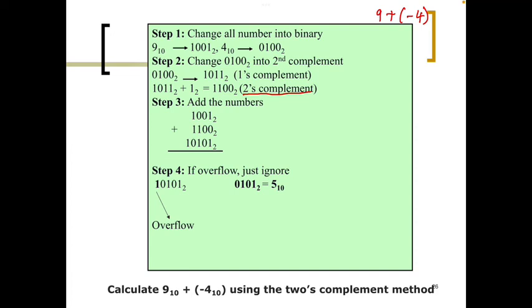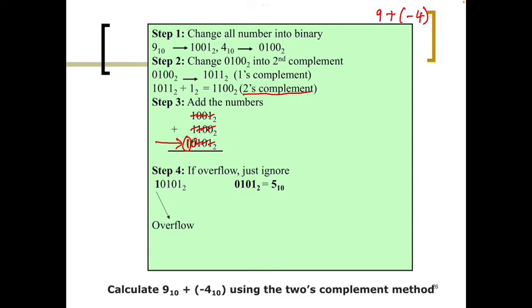After we get the 2's complement, what can we do? We just need to do the addition calculation. So we have 1001 plus 1100, which becomes 1 0 1 0 1. Can you see the 1 here?